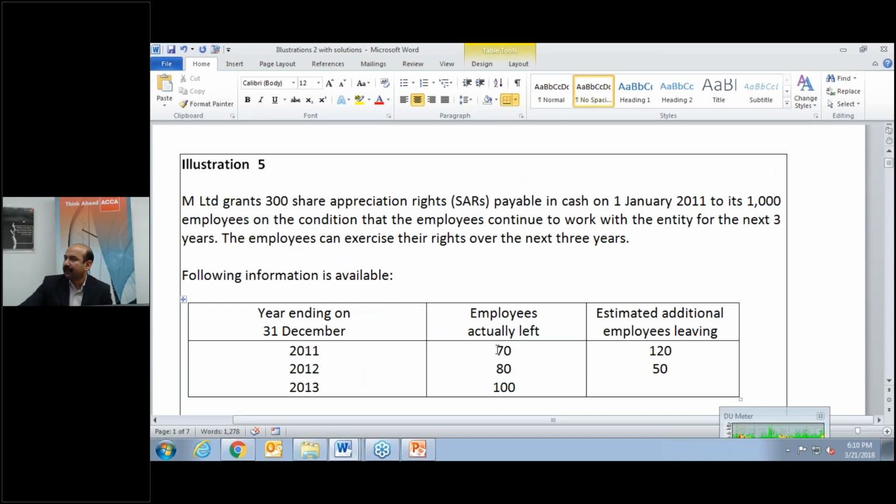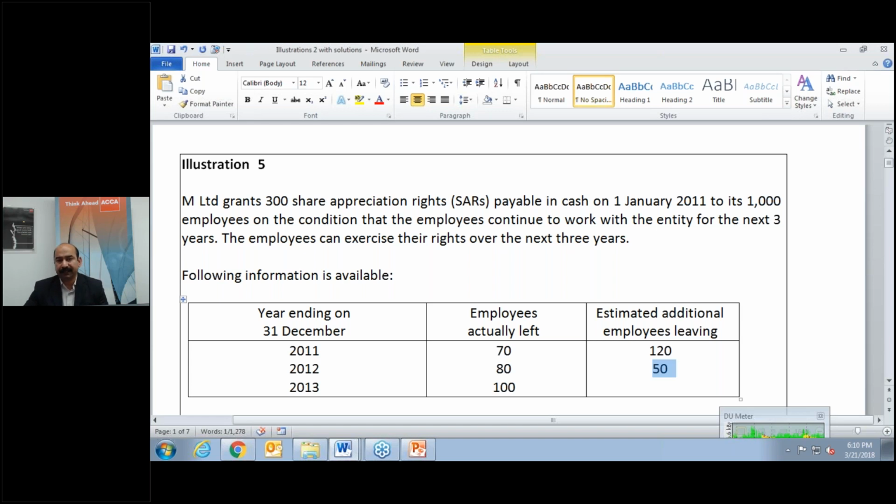This is the actual picture, like 150 already left, till 31st December 2012. And we expect that additionally 50 more employees will leave. So in total, at the end of 2012, we expect that 200 employees will leave. So our estimated number of employees will be 800.